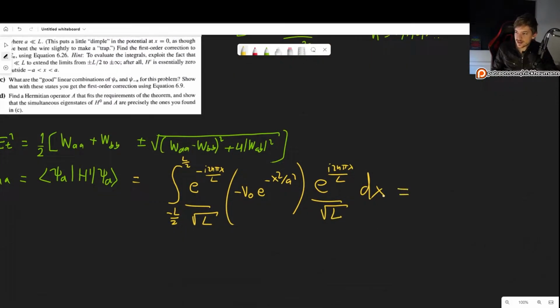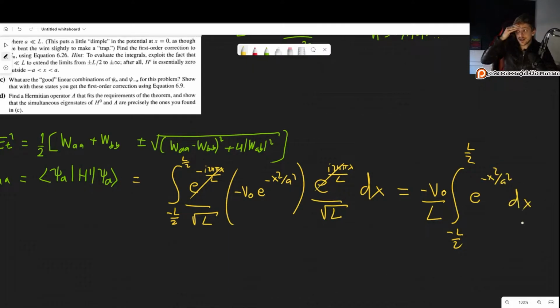Now these exponents cancel out, so we get minus V0 over L, integral from minus L over 2 to L over 2 of e to the minus x squared over a squared dx. Now this integral is very difficult to solve, and in fact we probably can't solve it explicitly.